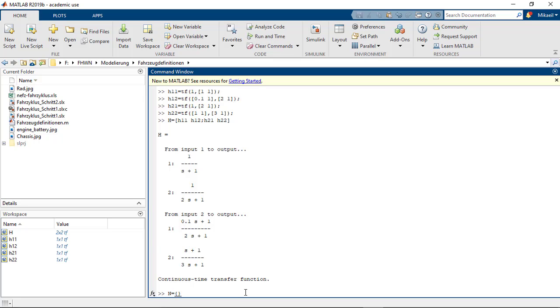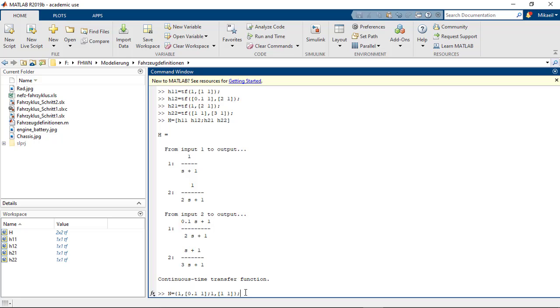For h11 I have 1, for h12 I have 1, I go to the next line. For h21 I have 1, and for h22 I have 1, 1.